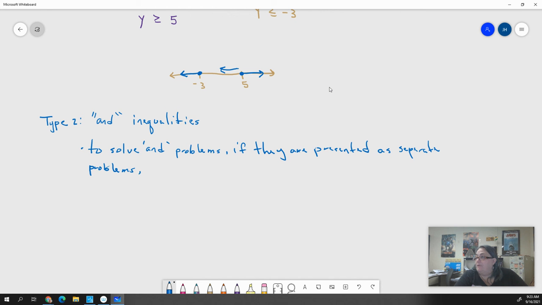If they're presented as separate problems, solve them separately, graph them together. If they are condensed, you're going to solve it all as one problem. And I'll show you what I mean.